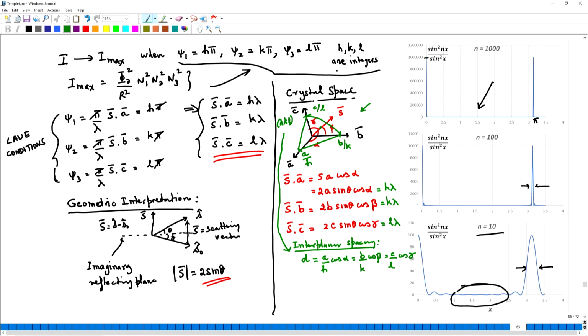Now, let us substitute this interplanar spacing into these equations.